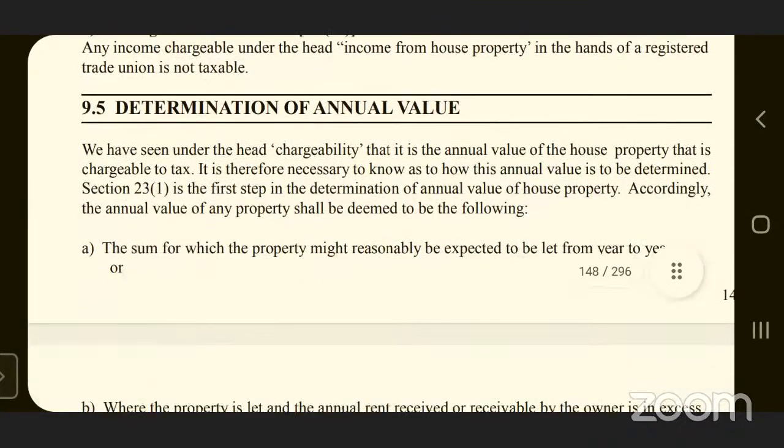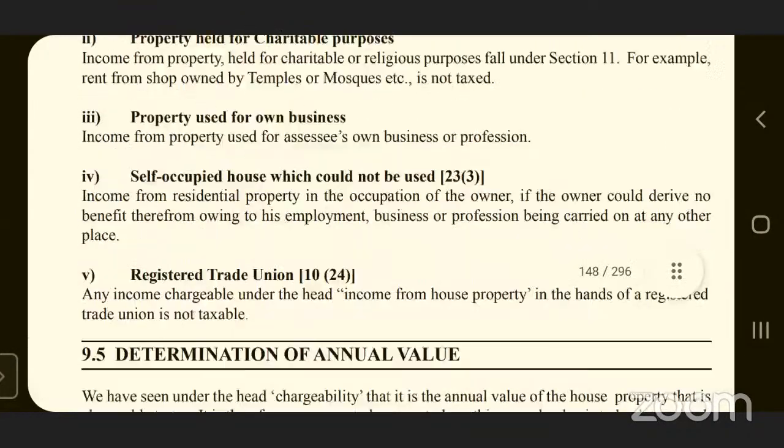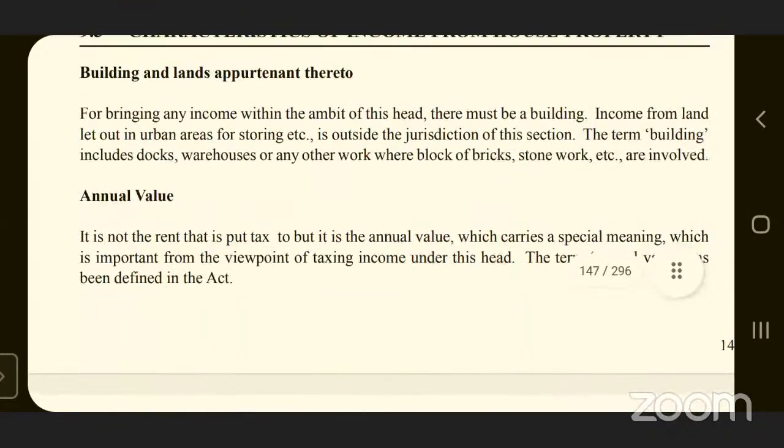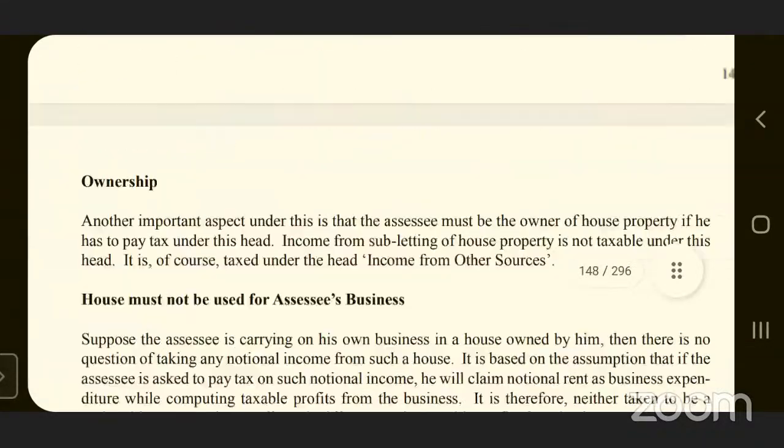Next one is the utmost important topic, that is determination of annual value. Just now I used the word annual value. In order to consider a rent as income from house property, we should first determine the annual value.